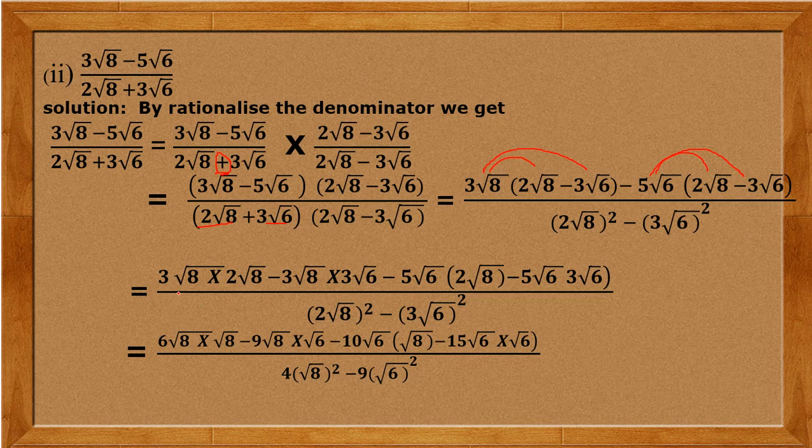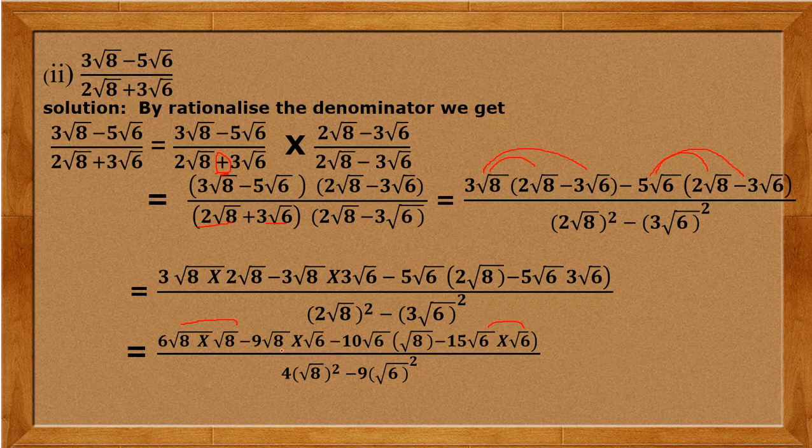Simply, multiplication of the integers 3 into 2 is 6, and root 8 into root 8; in the rational numbers are multiplied. 3 into 3, 9, so minus 9 root 8 multiplied by root 6, irrational number. Minus 5 into 2 is 10 and root 6 into root 8 multiplied. Similarly 5 into 3, 15, root 6 into root 6. Here root 8 and root 8 becomes 8. Similarly root 6 into root 6 becomes 6.